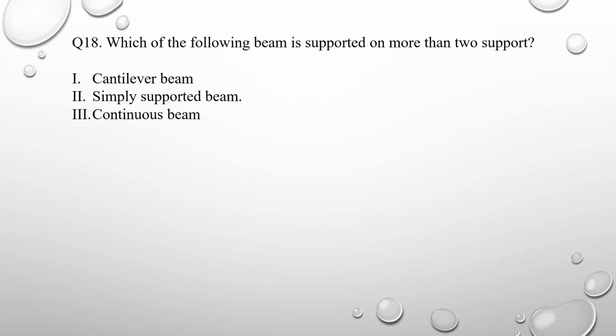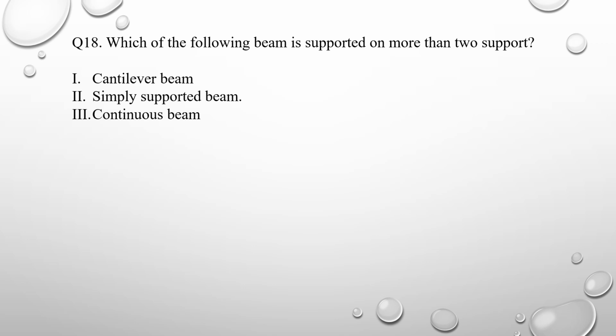Question number 18. Which of the following beams is supported on more than two supports? Here, first is the cantilever beam. A cantilever beam is supported singly, and that support is a fixed support.